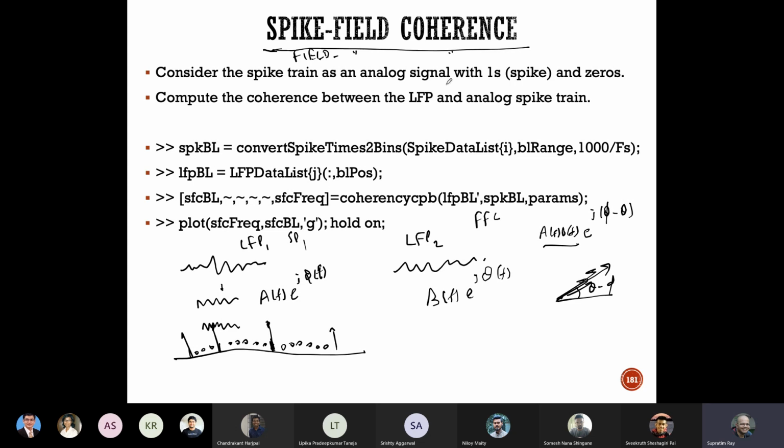And then you compute the coherence between the LFP and the analog spike train. That's it. No magic here. So you convert spike times to bins, which means you convert it to a time series with ones and zeros, and then you compute the coherency between the signal and the analog spike train, and that gives you what is called the spike field coherence.